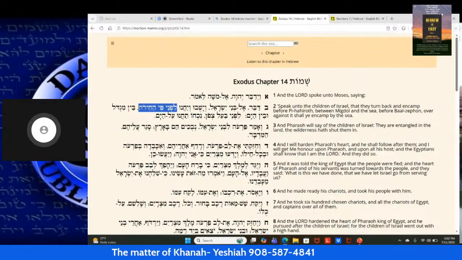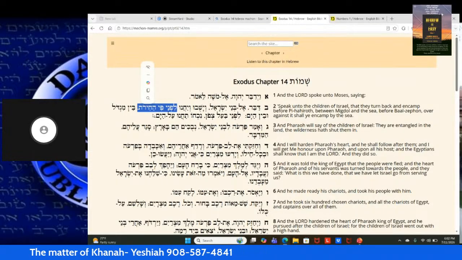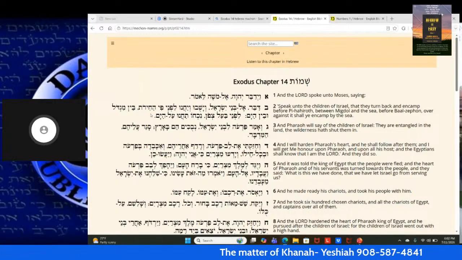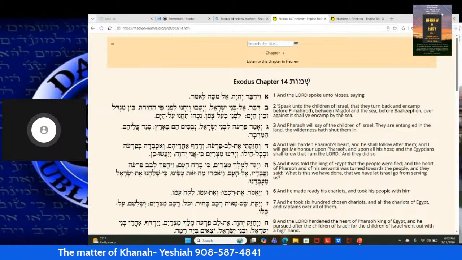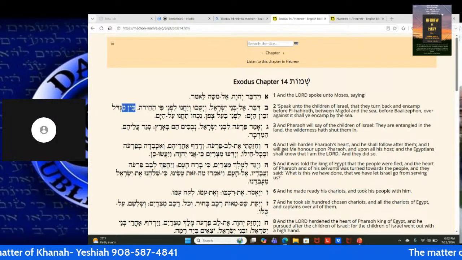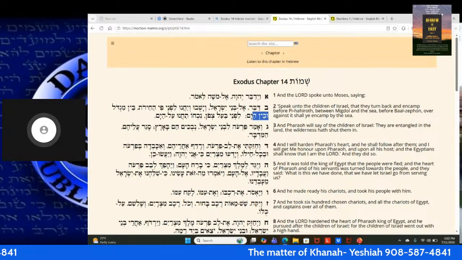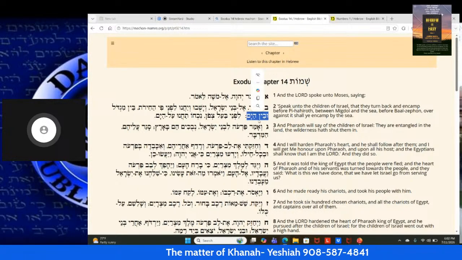Lifnei Pihahiroth, before Pihahiroth. The word hirot comes from the word hira, which means mighty. So Pihahiroth in Hebrew, sidebar, means like the mouth of the mighty one. Bein Migdol, between Migdol, uvein hayam, and between the sea.